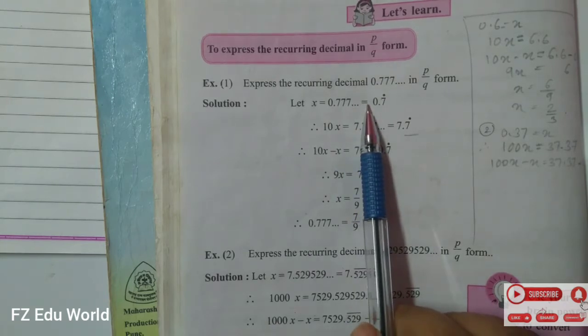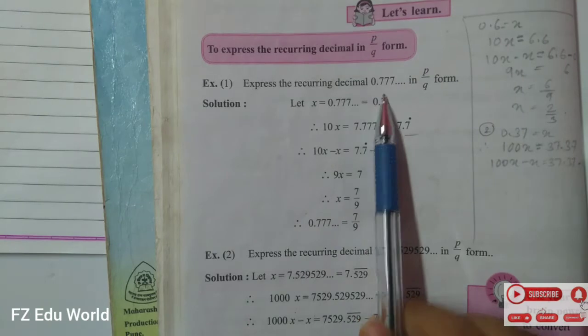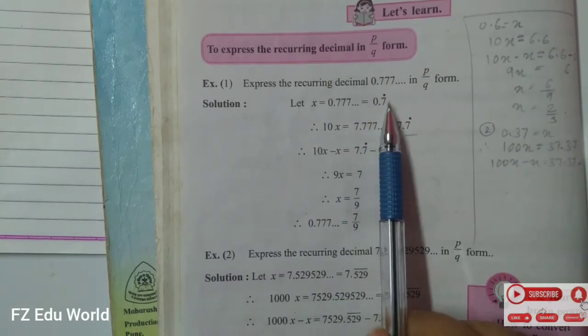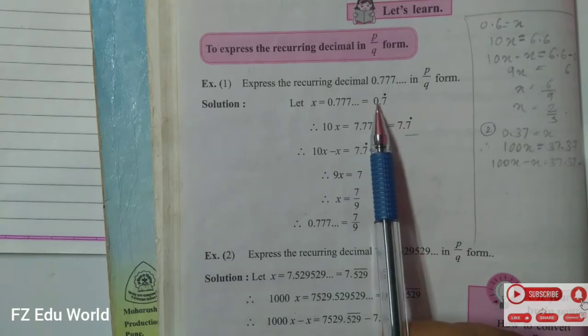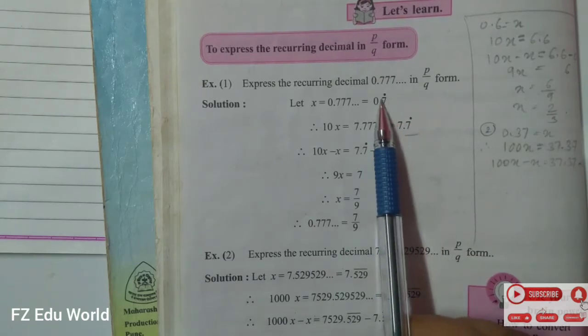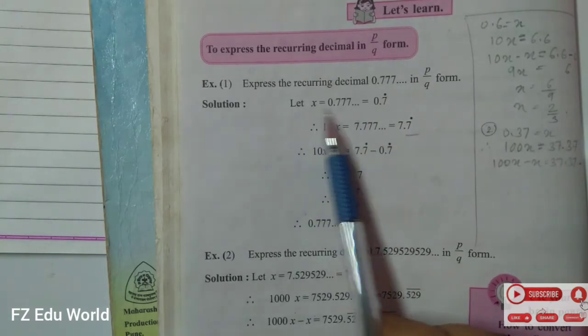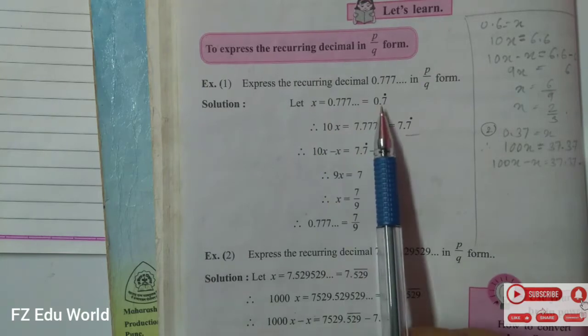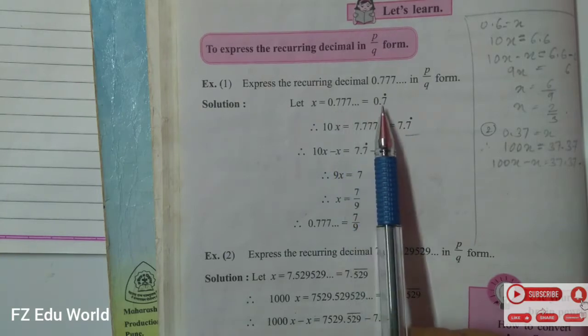Here 7 is repeating, so we put a dot on 7, 0.7. Now we can see it's one decimal place, so we will multiply this equation by 10. If we saw that it's 2 decimal places, then we multiply by 100.